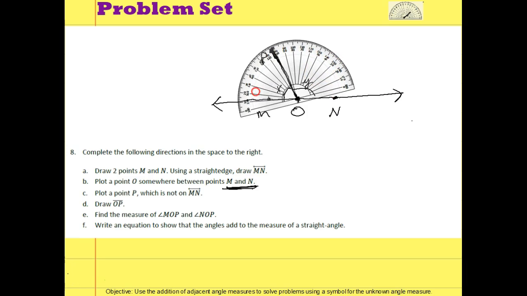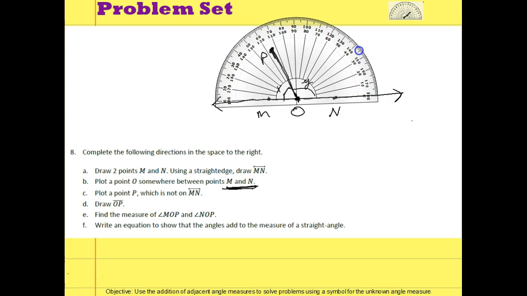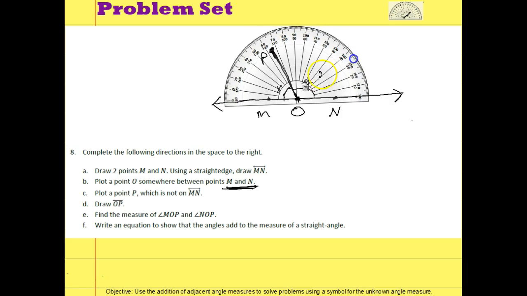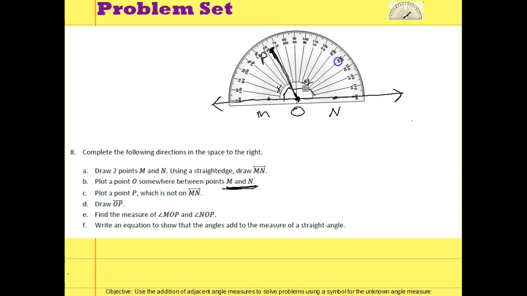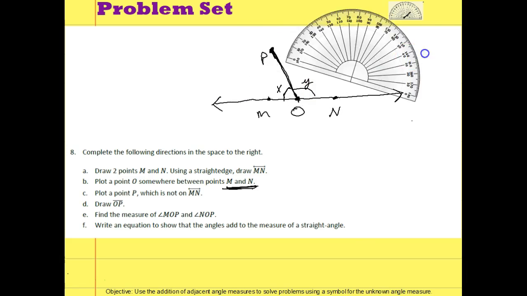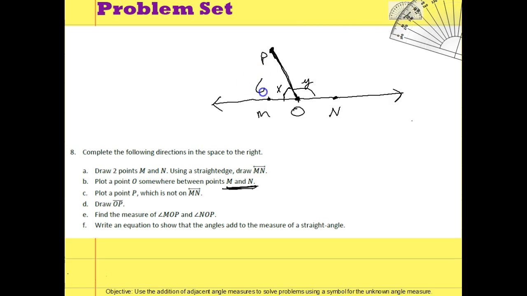Okay, so remember this one is less than 90, so I'm going to read the small numbers, and that looks like 65. Now, I'm going to just tell you, because this is how I want you to learn this. Once you get 65, you can just solve for y, because 65 plus y equals 180.